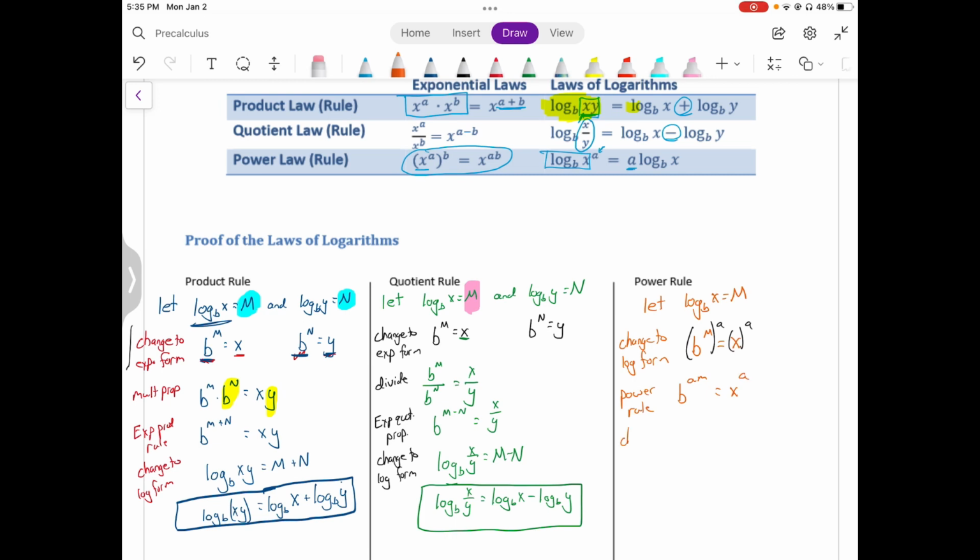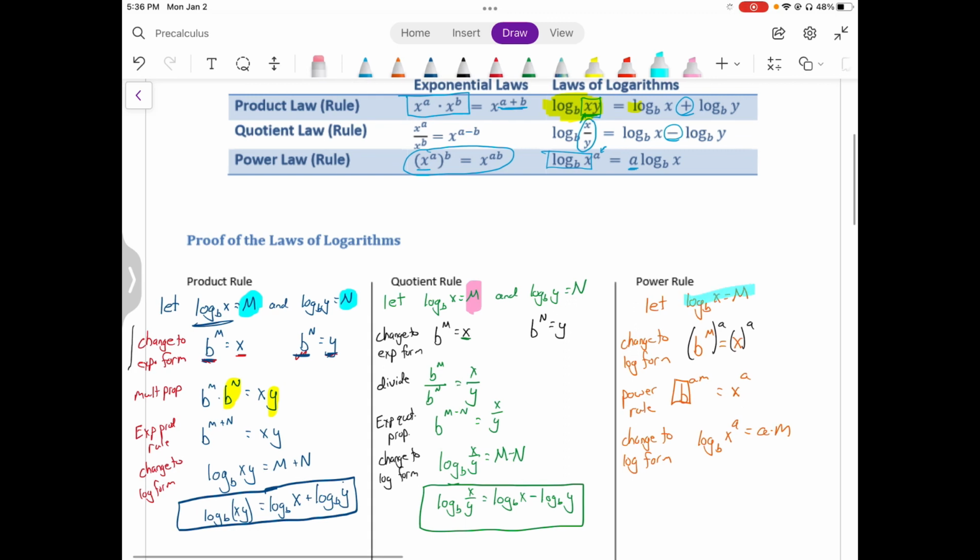We're going to change back to log form. Now we have to be careful here because we actually have two exponentials, and so we're going to think of this b as our base. So log base b of x to the a equals a times m. But what does m equal? From our very beginning, we said we let m equal log base b of x.